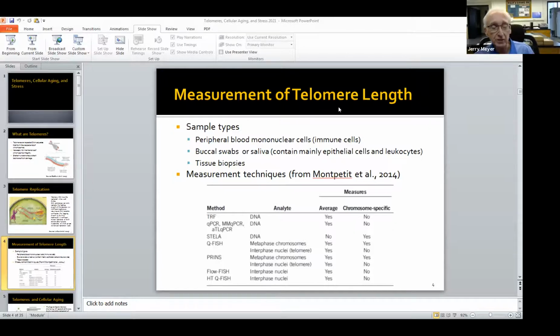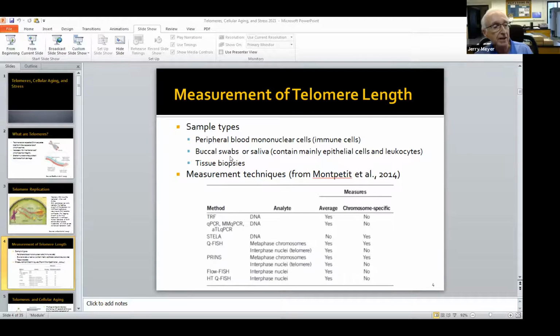So we're going to be concerned about this shortening. So we have to be able to measure telomere length. And there are 3 different kinds of samples typically used in the studies of telomeres. You could take a blood sample and isolate mononuclear cells, basically white blood cells.